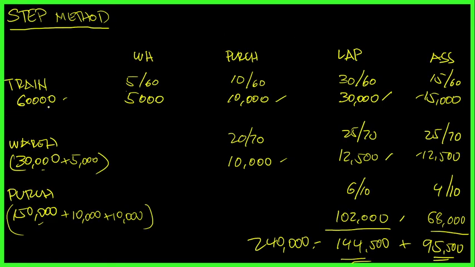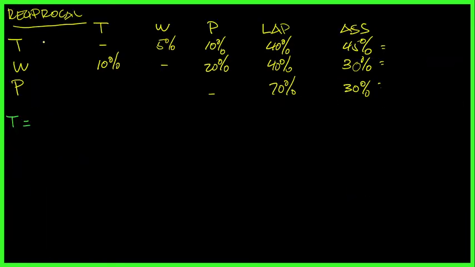So let's go back. That's 60, 30, and 150. Let me write that down. Okay, you have 60,000, 30. This is the amount that we are distributing. Okay, so this one will be 60,000 plus 5% of whatever is the cost for warehousing. Tama po?